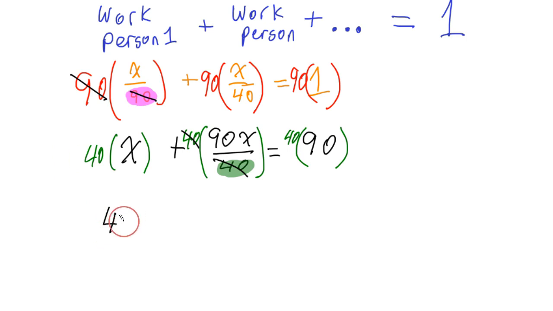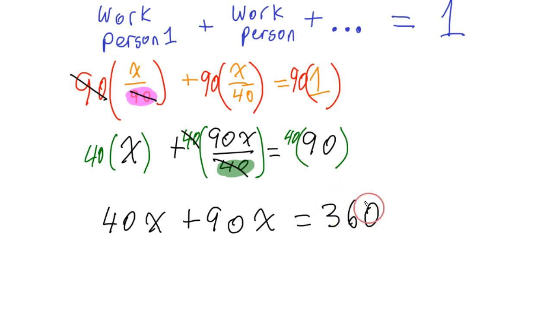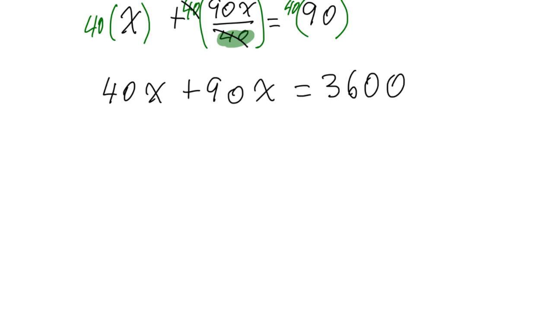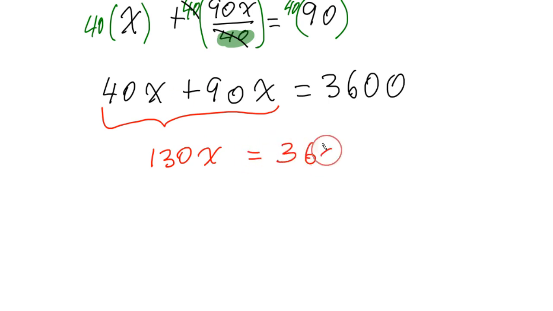So now I'm going to be left with 40x plus 90x is equal to 3,600. And now I can see what I have here is a much simpler equation. So taking a look here, the 40x plus 90x is going to give me 130x is equal to 3,600.